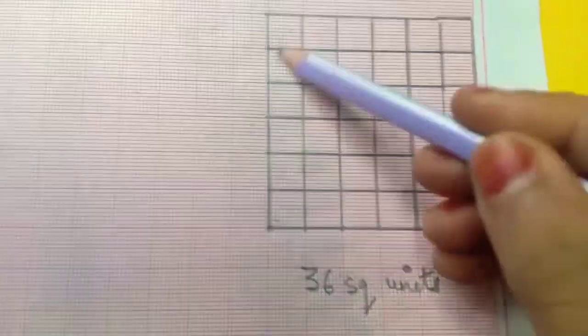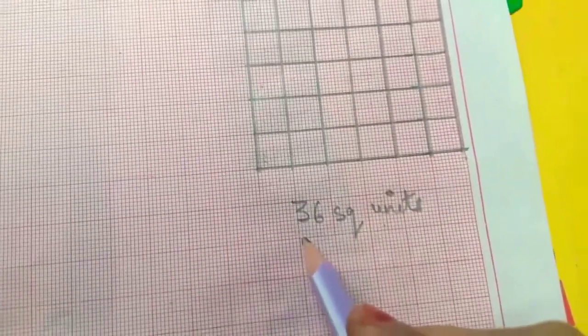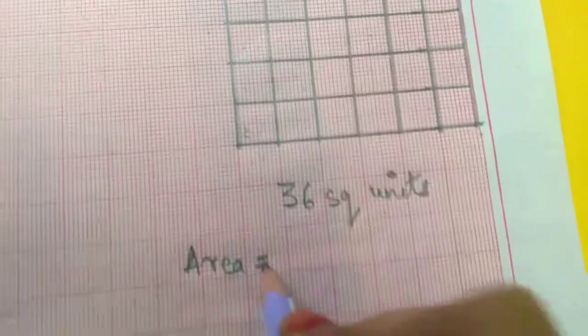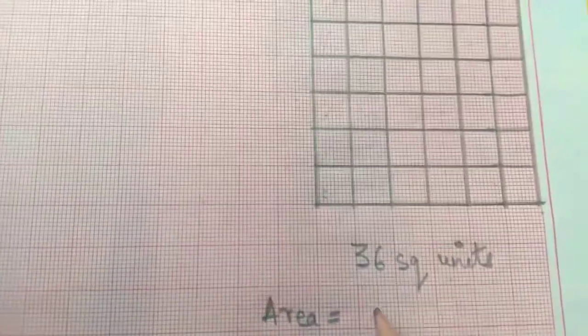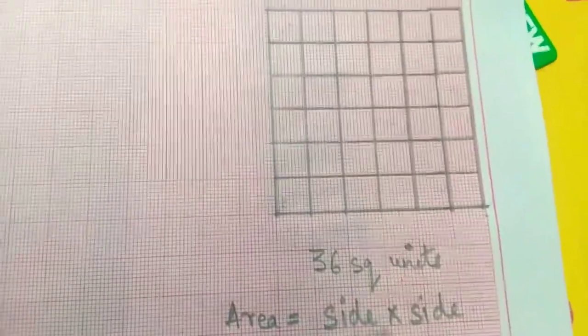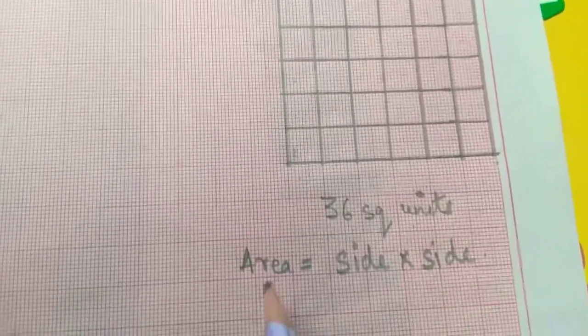And what was the side? 6 by 6. So here 6 into 6 is 36. So the formula for area of square came, what did it come? Side into side. Okay, children. So here we are going to multiply side into side and we will get the area of square.